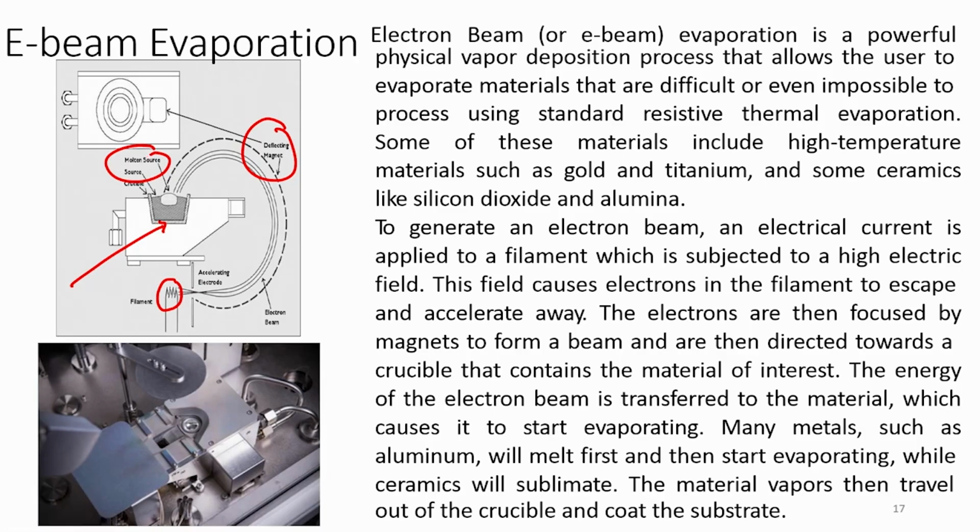In this case even the material of our interest, which is right over here, has a very high melting point, and still we can melt it using E beam evaporation. This is an actual photograph, you can clearly see there is a shutter here, right. This is the shutter, okay.